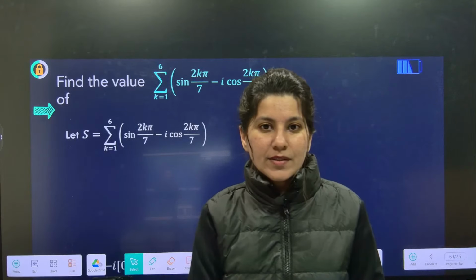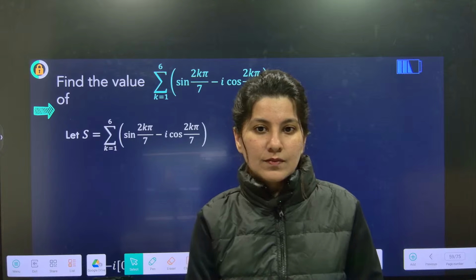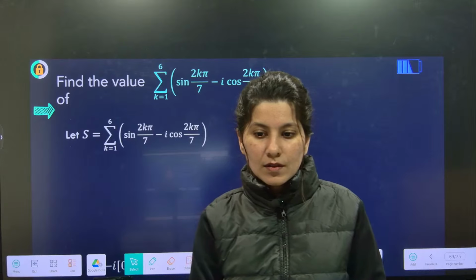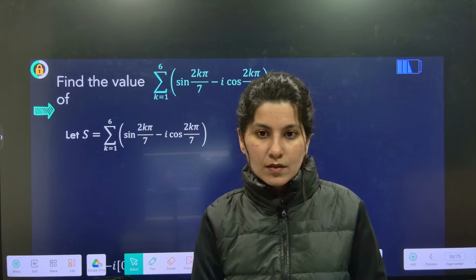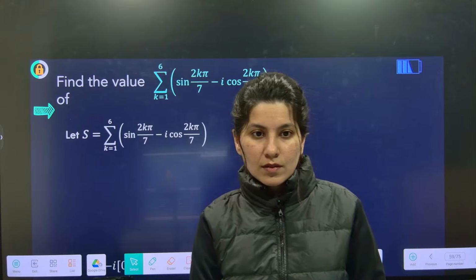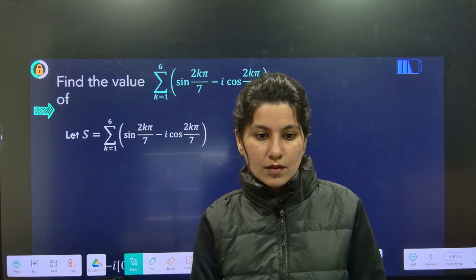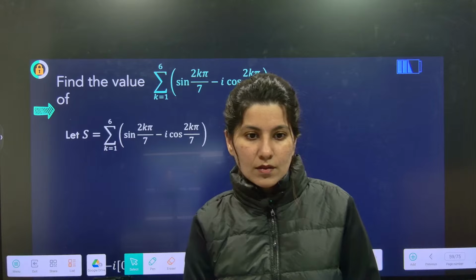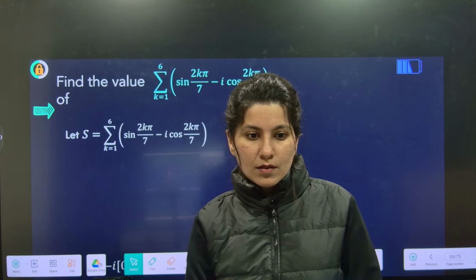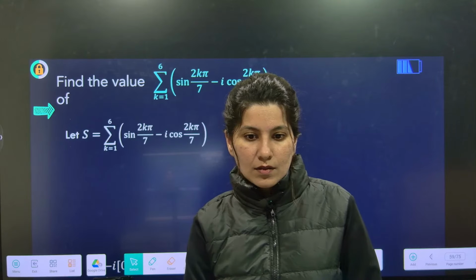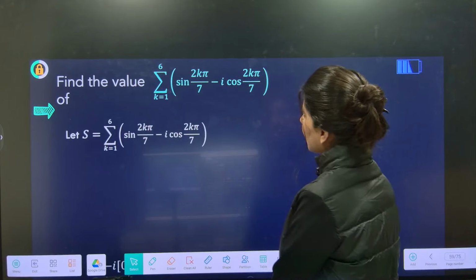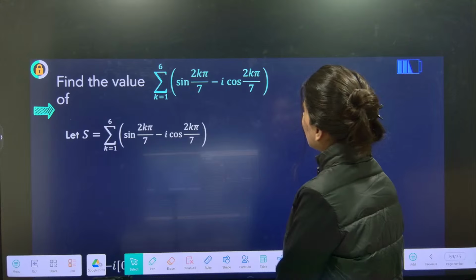Yes, it's a complex number. The sum for k equals 1 to 6 of cos 2k pi by 7 minus iota sin 2k pi by 7.